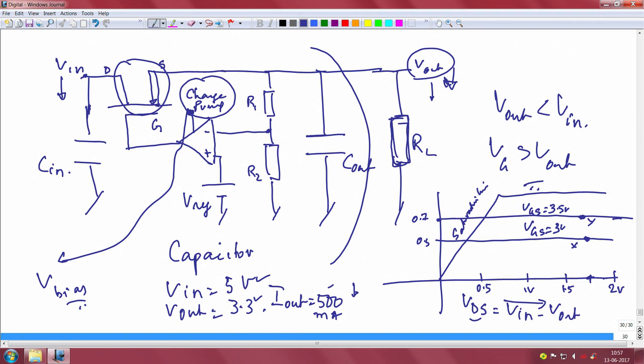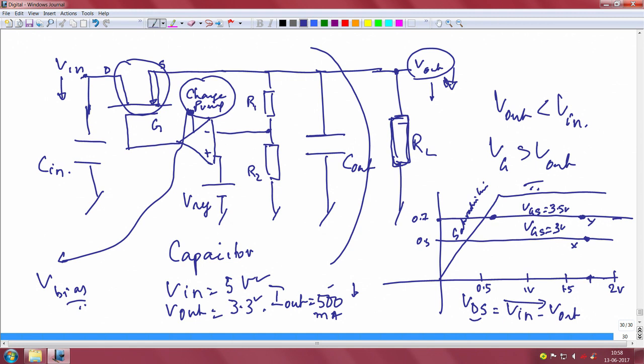If the input reduces, graphically, if you want to keep this point in saturation, in regulation under the condition where V in changes, when there is a reduction in V in, you want to keep this point in regulation, unless you essentially reduce this drop, you can't do that, right.